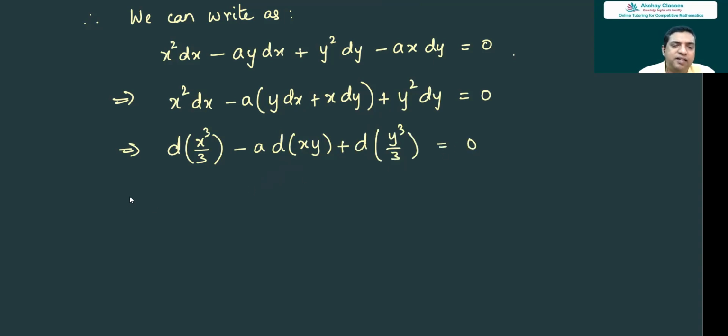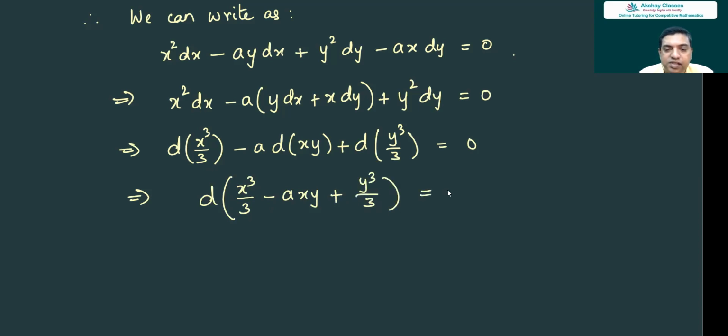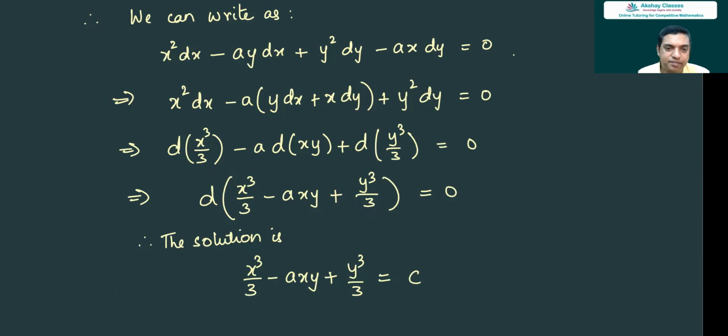Once I know that it's exact, I'm sure that it will converge to a single differential. So this becomes the differential of x³/3 − axy + y³/3 equal to 0. Therefore, the solution is very simple. Integrate d of this whole thing with respect to itself. Upon integration, we get x³/3 − axy + y³/3 is equal to c.